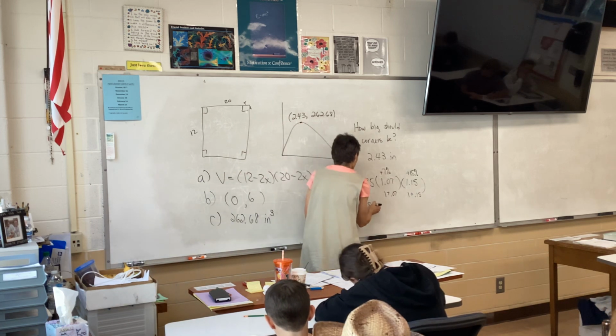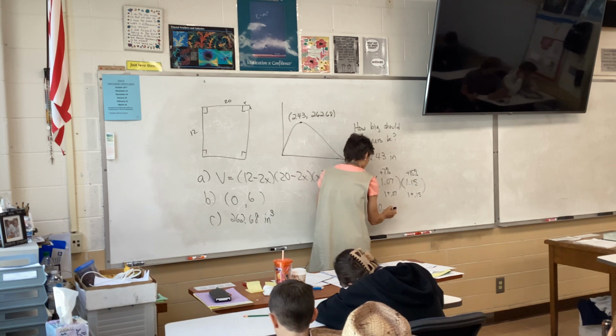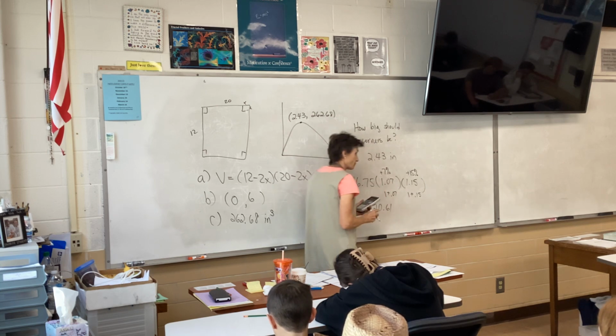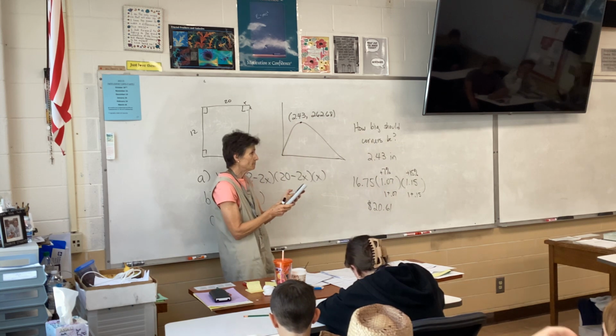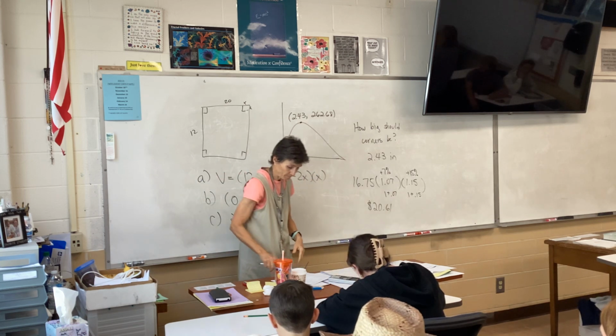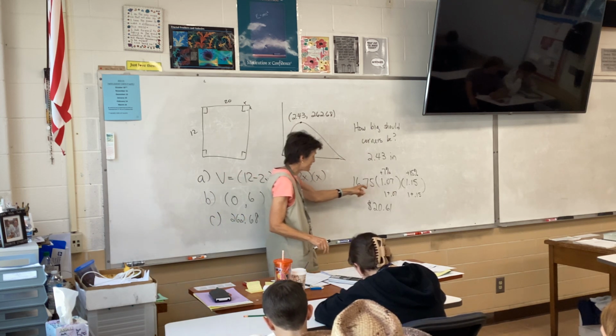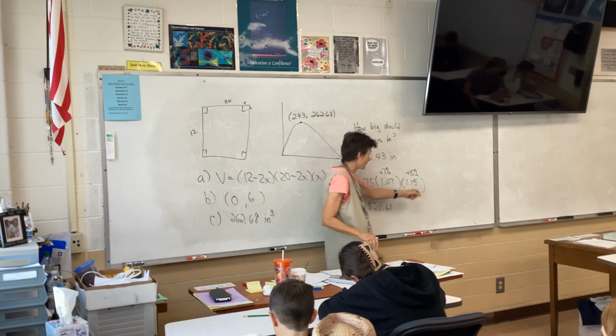Rounding that off, it's gonna be $20.61. Is that what you got? Yep. Perfect. Multiply these three numbers together and you can't really miss them.